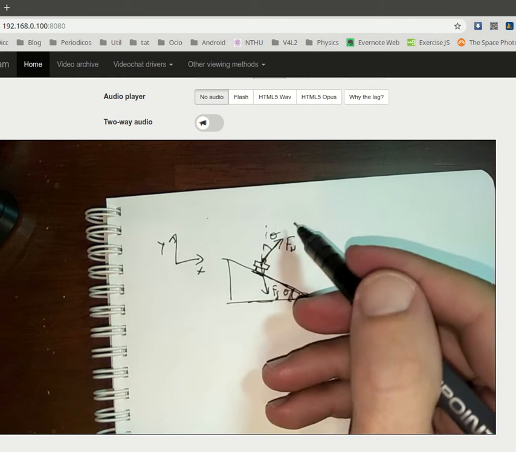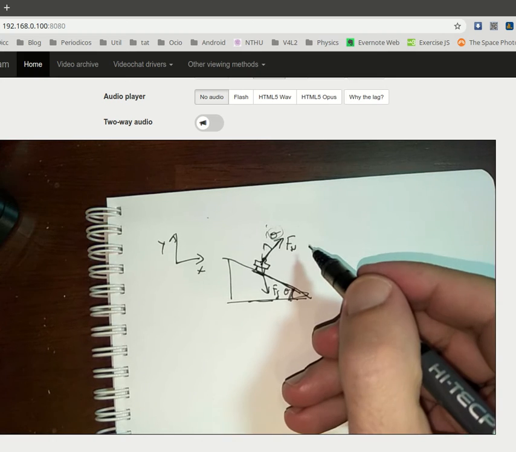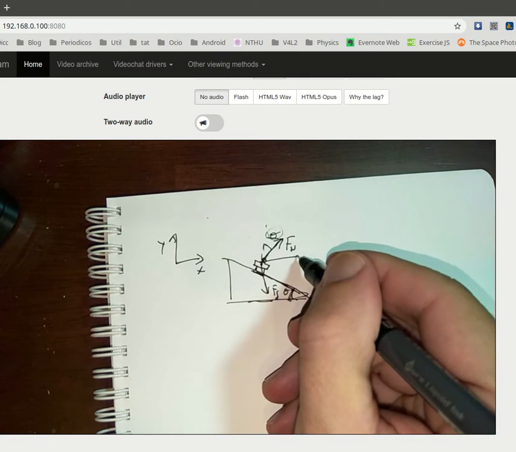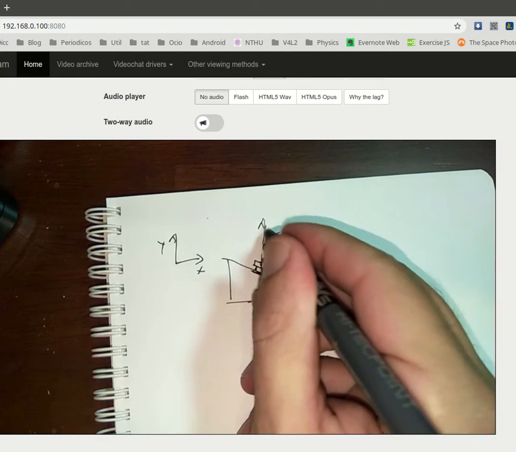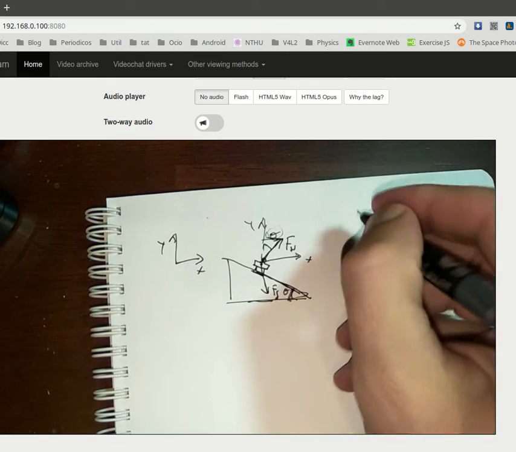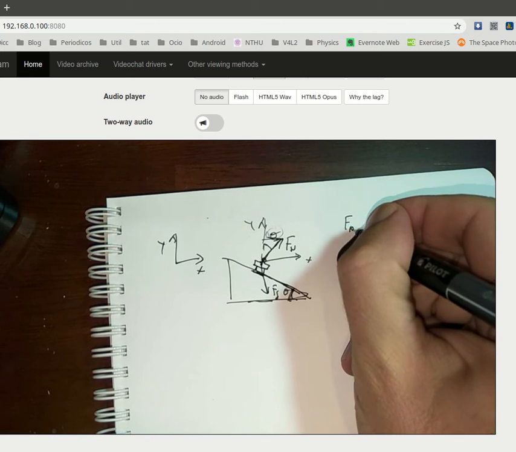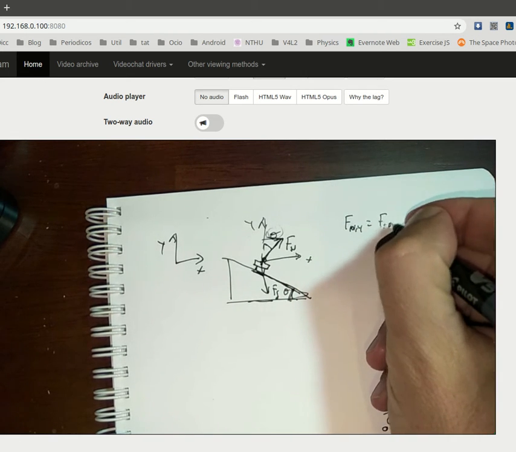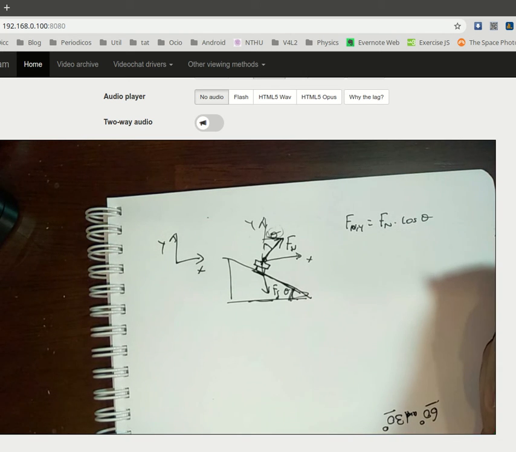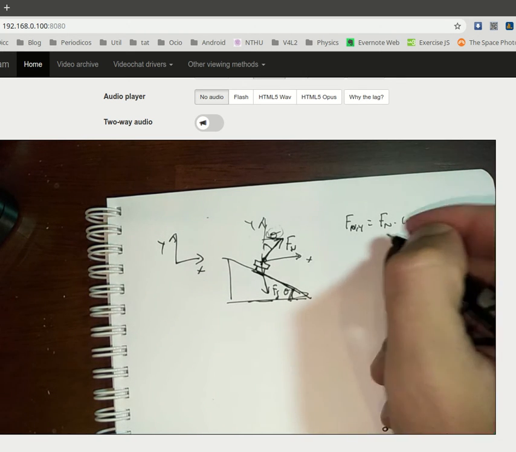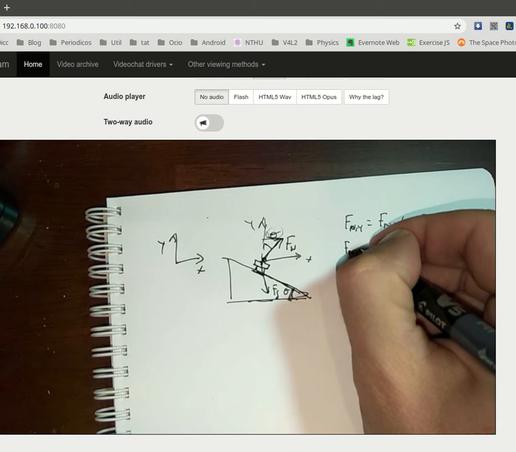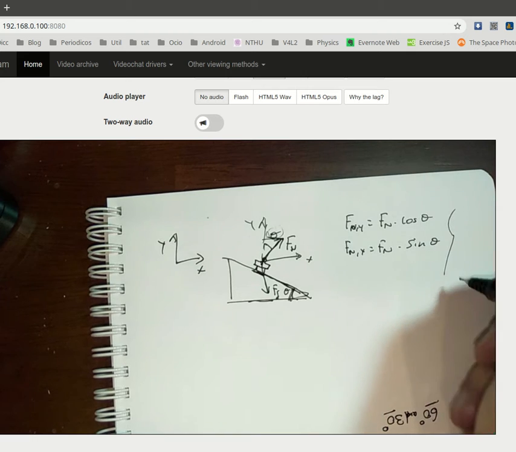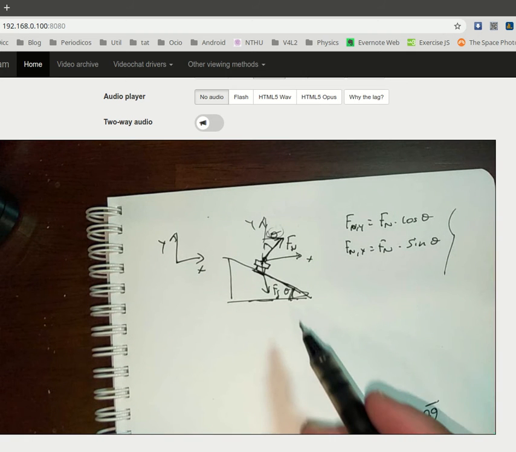Now you can decompose. This is the x and this is the y, and Fn in the y is Fn cosine of theta, and Fn in the x is Fn sine of theta. The same.